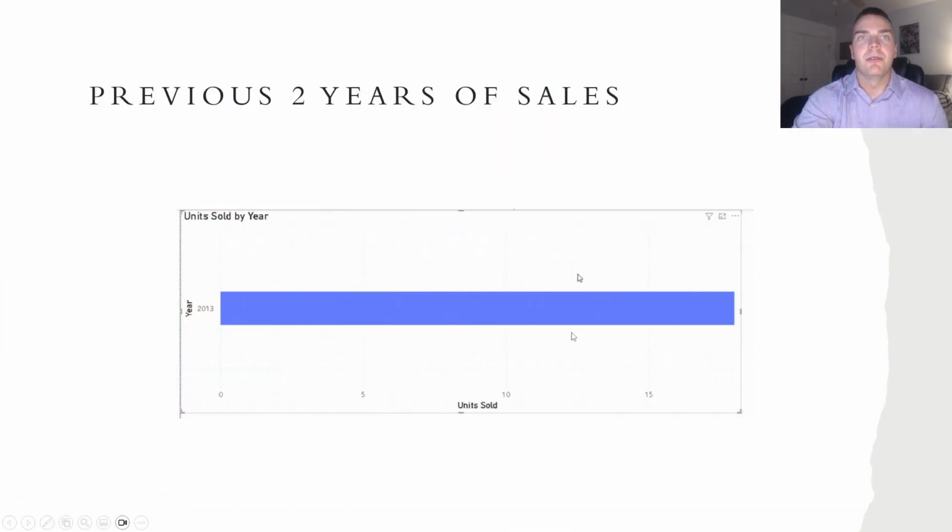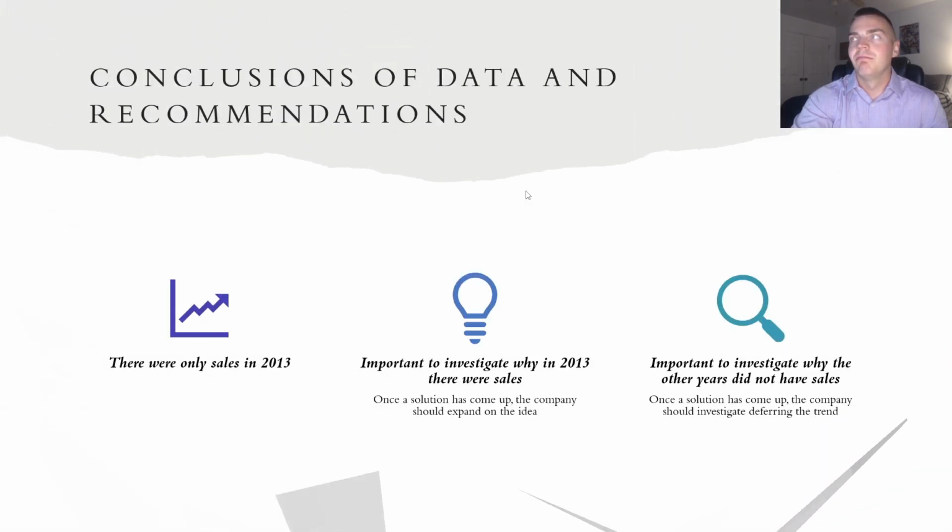Of the last 2 years of previous sold data, they only had 1 year, which is 2013. The conclusion, like I said, is that there were only sales in 2013. It's important to investigate why there were sales in 2013 and why other years did not have sales.